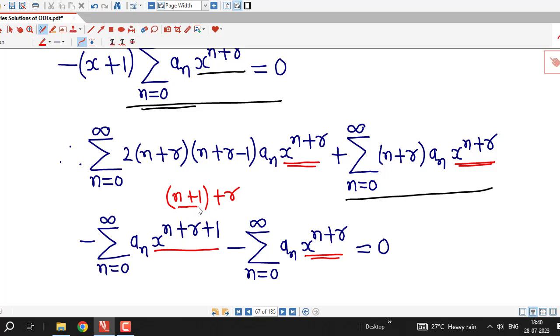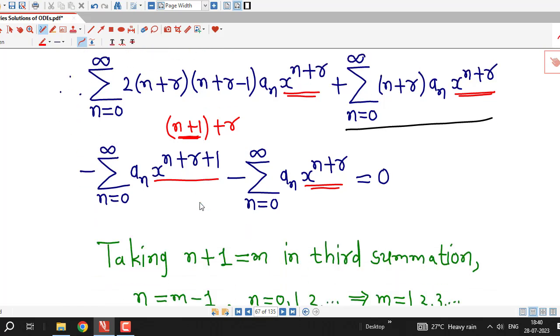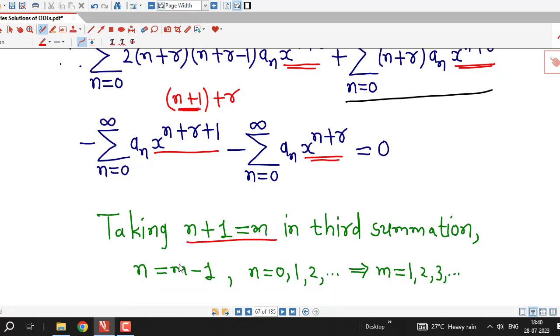So for that we can change this variable n by n plus 1 equal to some new variable. I have taken n plus 1 equal to m here, and that will give me n equal to m minus 1, and when n takes the value 0, m will start from 1. For n equal to 1 we will have m equal to 2.